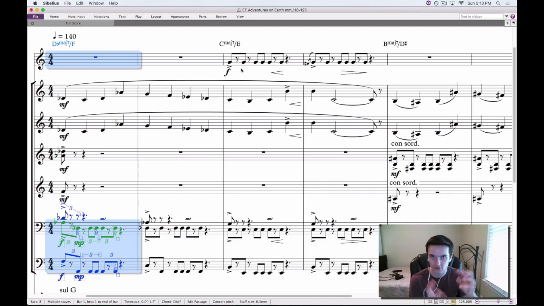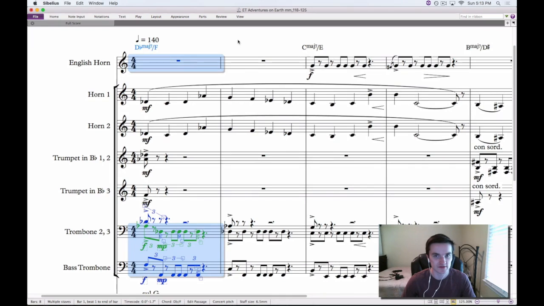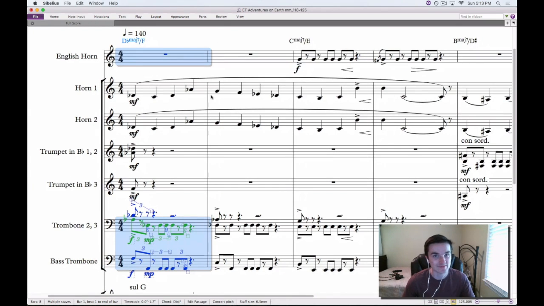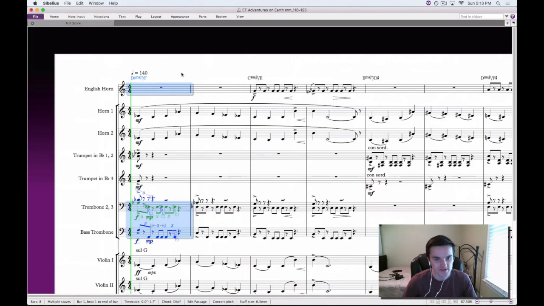You really need to familiarize yourself with the dynamic capabilities of all of the instruments relative to their range, because in order to make things balance well, you have to micromanage dynamics. But just studying Williams scores gives you a very good sense of that, because you listen to it and you're like, well, that balances well, and then you look at the score and it's forte, mezzo piano. Wow. Anyway, check this out.